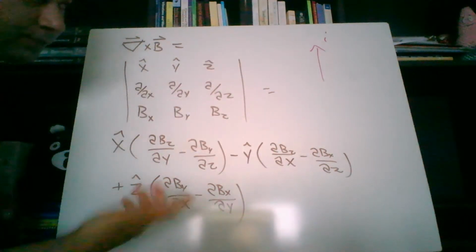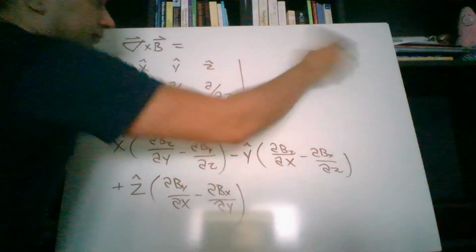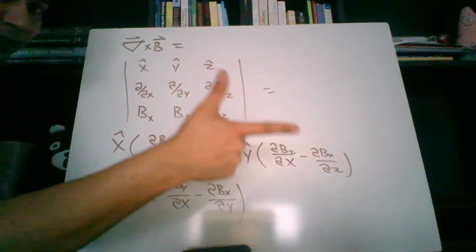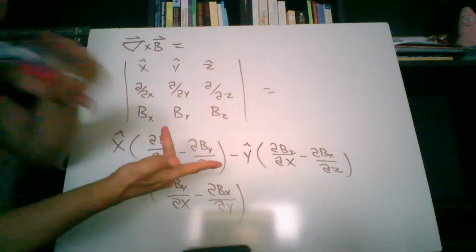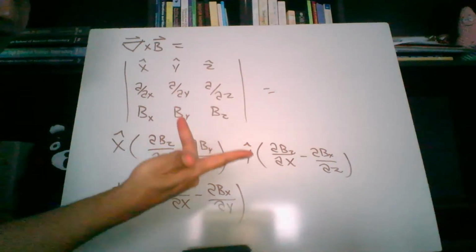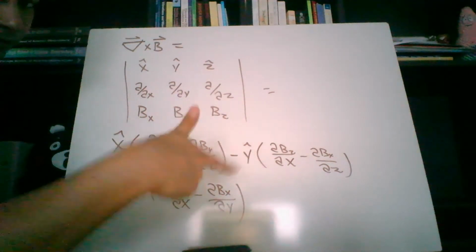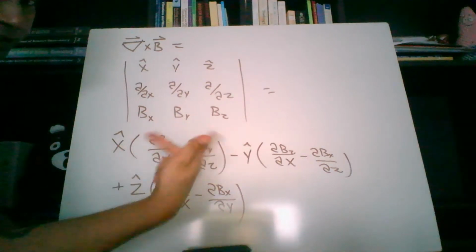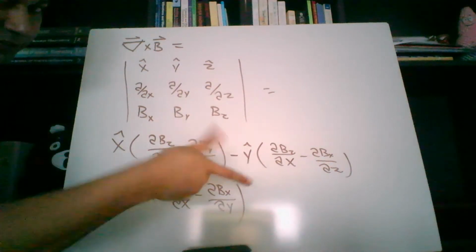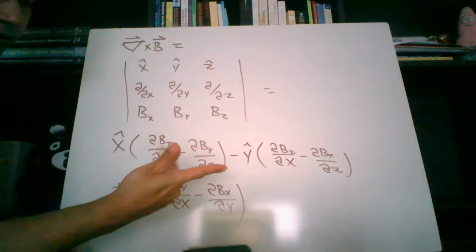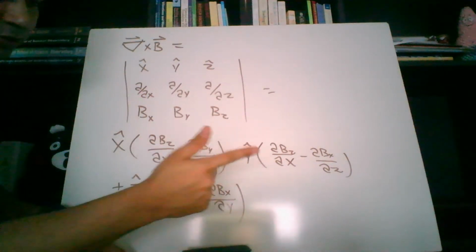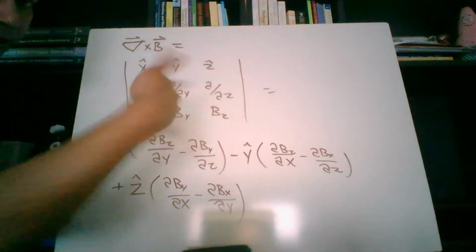That's just the curl. And this is also the right-hand rule right here. So del cross B gives you a third vector going in some direction this way. And then you can manipulate what your coordinates are, so you can rotate your coordinates like this, whatever. But the thumb or the middle finger, whichever one you're going to interpret it as, is going to be the direction of the curl.